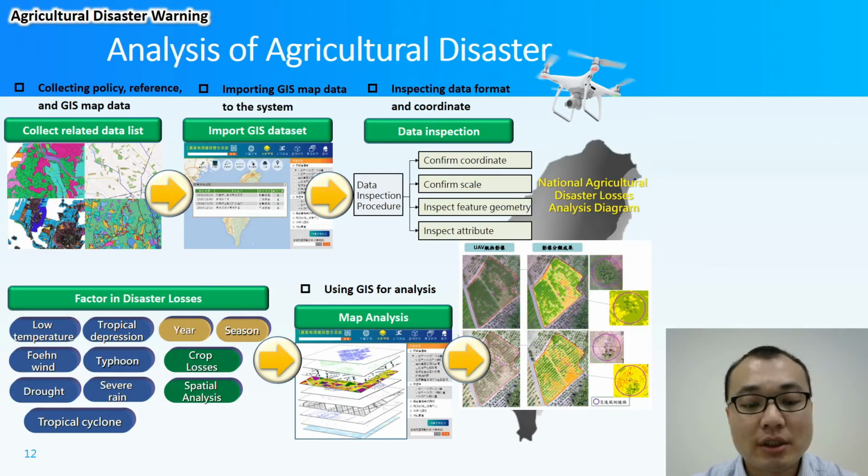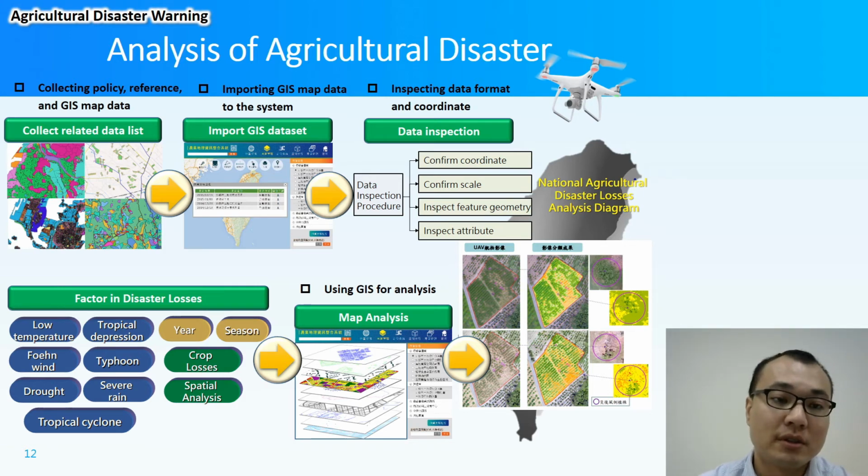In addition to providing a very good platform, we also use aerial photograph technology for the analysis and evaluation of agricultural crop damage.